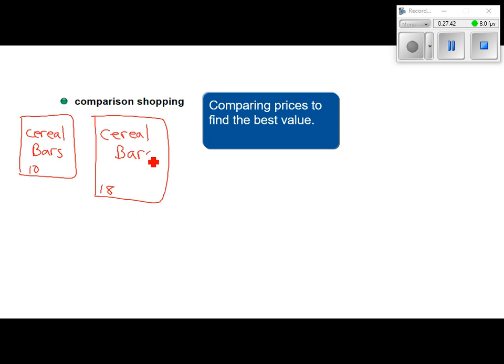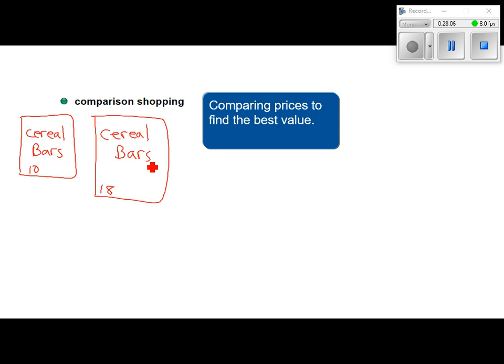And they do this on purpose, makes it hard for you to decide which one is the better deal. If they put 20 in the bigger box, it'd make it a whole lot easier because one's double the size of the other, so the price should be double. Or if the price is less than double, then it's a better buy. If it's more than double, then it's not a better buy.